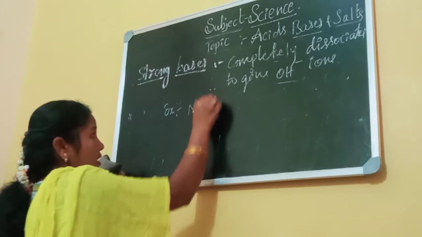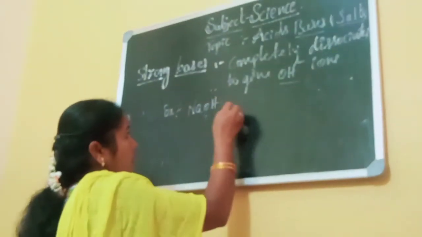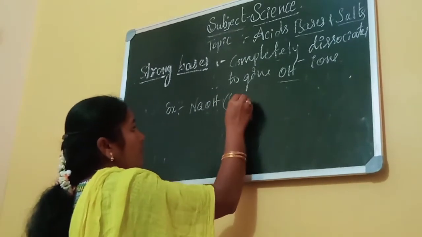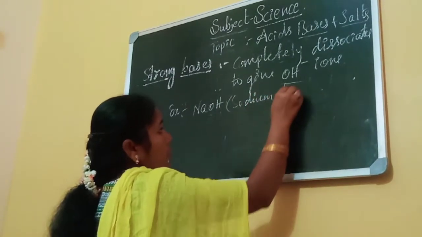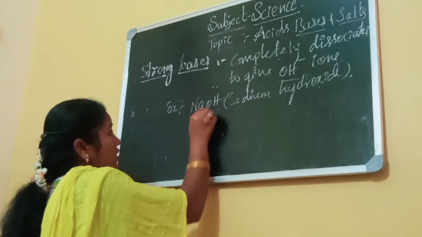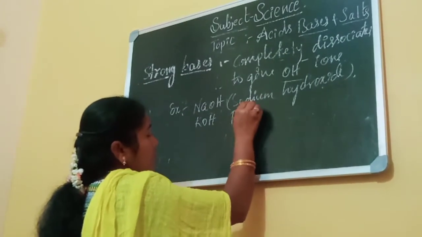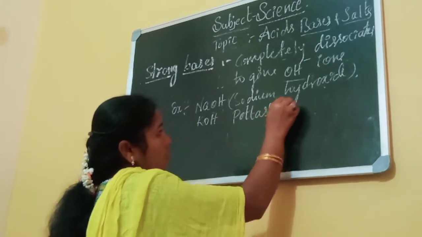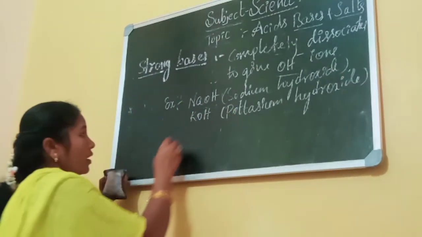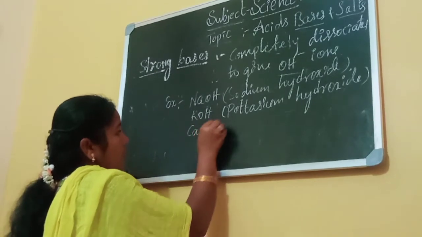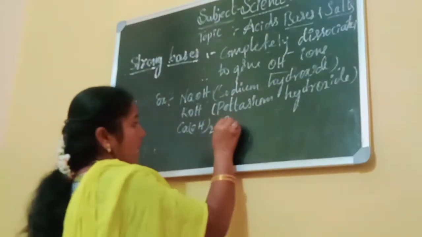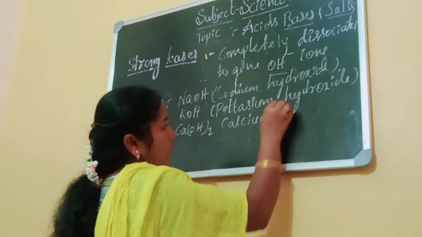Example: NaOH. What is this name? Sodium hydroxide. KOH, potassium hydroxide. And calcium hydroxide, the formula is Ca(OH)2.